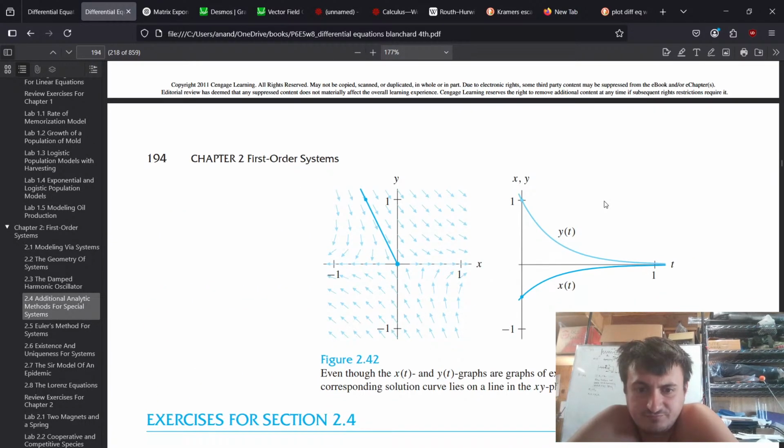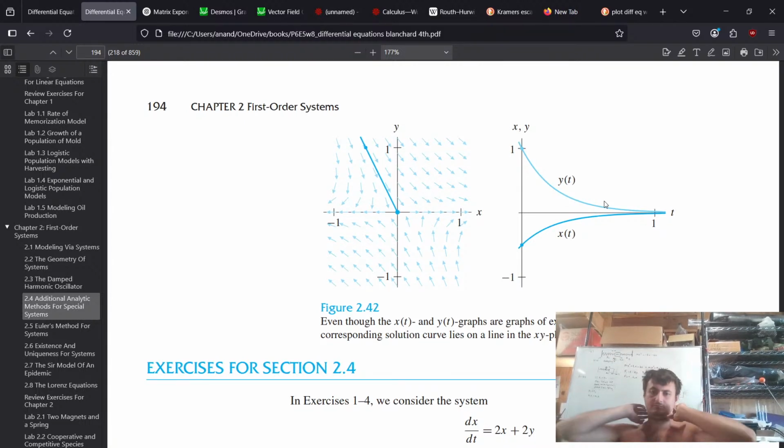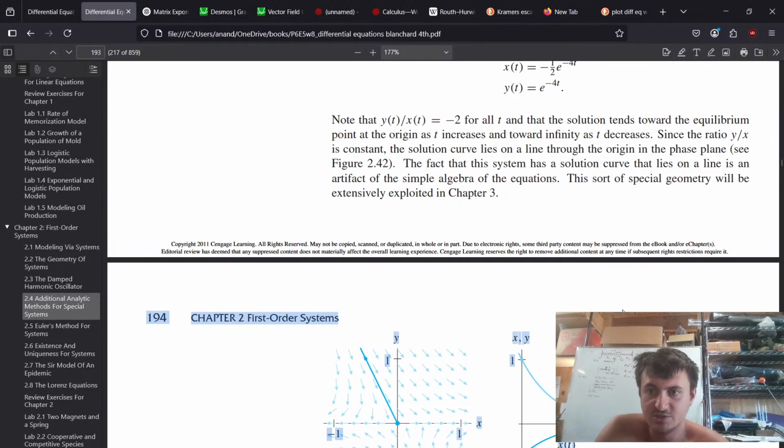Okay. They keep teasing this, man, that the solution curve lies on a line.